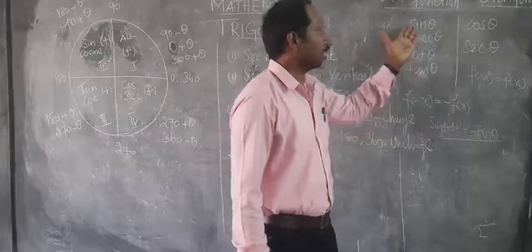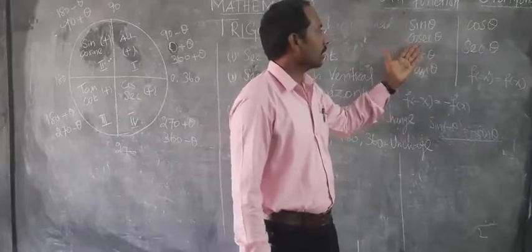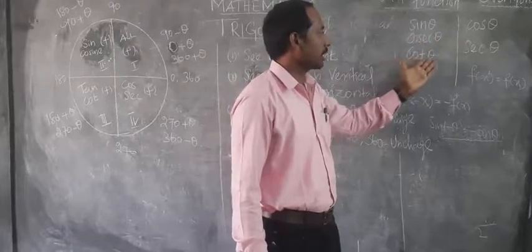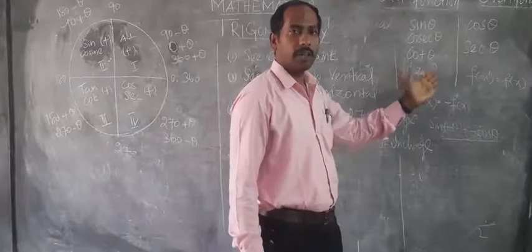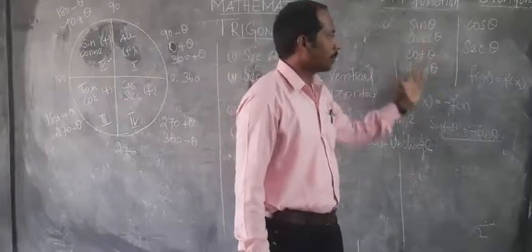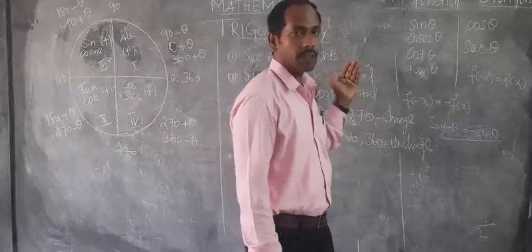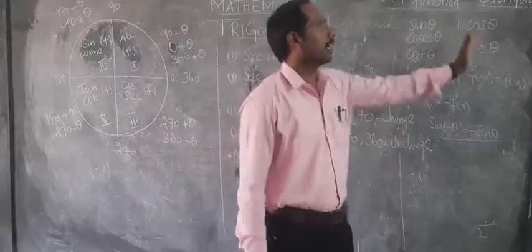But sin of minus theta equals minus sin theta, cosecant of minus theta equals minus cosecant theta, cot of minus theta equals minus cot theta, tan of minus theta equals minus tan theta. So this is the first step you have to learn for the co-function formula: the odd function and even function.